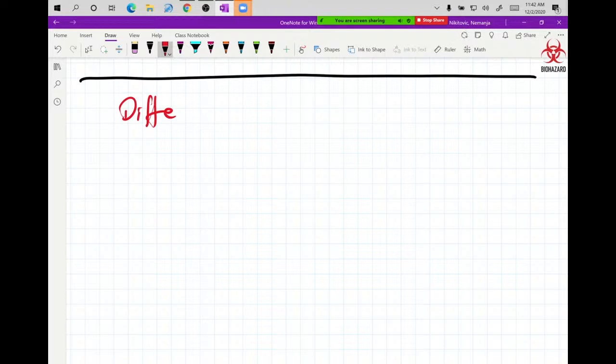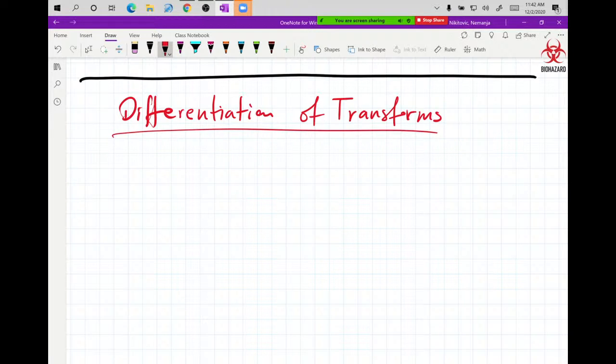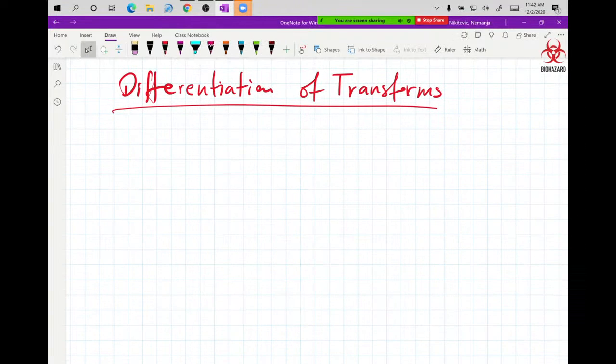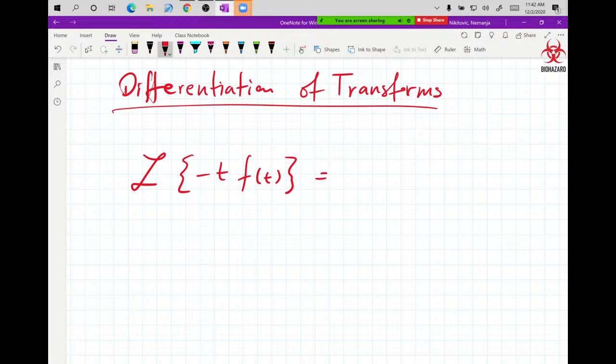Okay, pen. Let's see. Differentiation of transforms. It does have conditions, that the function is piecewise continuous and all of that stuff. The Laplace transform of negative t times f of t is equal to F prime of s.